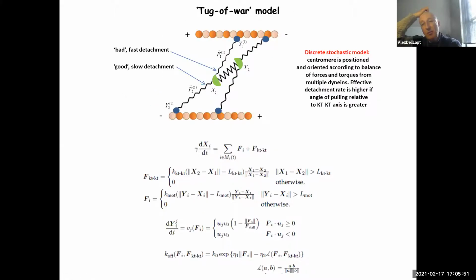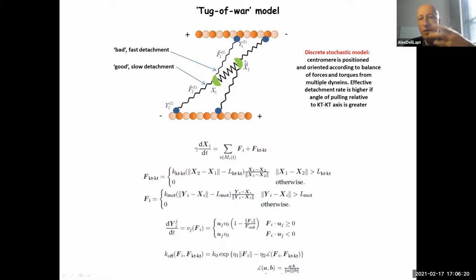So the mathematics of the model is very straightforward. It's the so-called Tug of War model, and we did two versions of the model. One, discrete stochastic models, where we solve Langevin equations together with random processes and mechanical equations of movement for each short microtubule, each molecular motor, and all the springs.